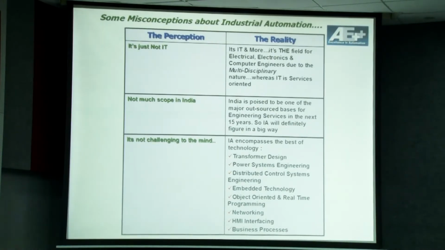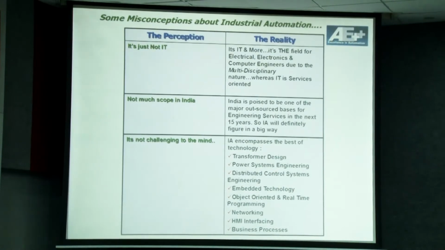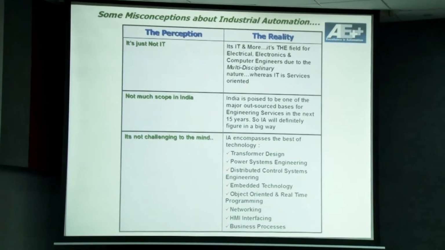But actually industrial automation encompasses transformer design, power system engineering, embedded technology, programming, networking, HMI interfacing, business processes. It has got everything that goes into it. Therefore, it's much more multidisciplinary than any other industry.